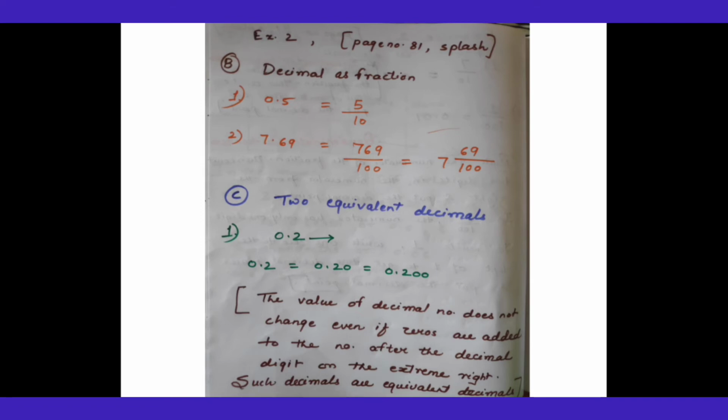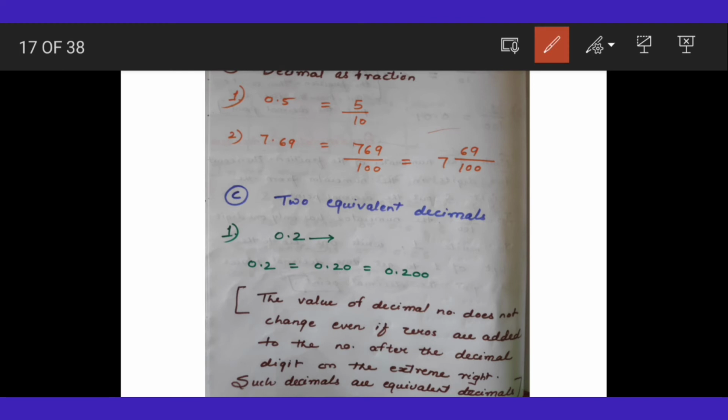Here, you can see decimal as fraction and two equivalent decimals. I already explained this to you. Whenever you put 0 after any number, it will be of no value. You can see here, I kept 0 here after the number. Here also, it will be of the same value, equal to 0.2.